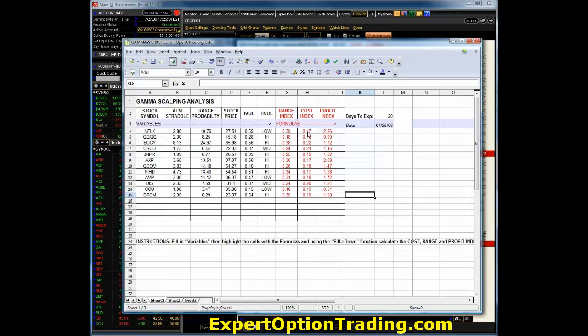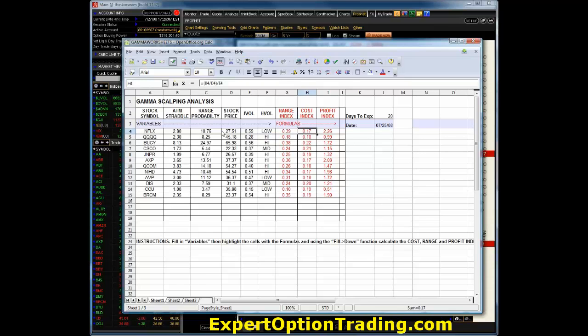The cost index, basically what we want to do is measure the cost of the at-the-money straddle to the price of the stock divided by its implied volatility. If the volatility is actually high and we've got a relatively low stock price and a low at-the-money straddle, because the at-the-money straddle is relatively cheap compared to the stock price, then that's relatively low.